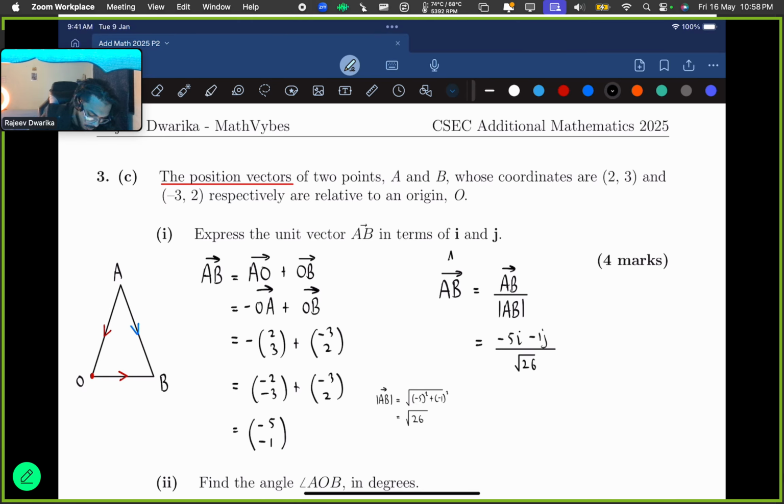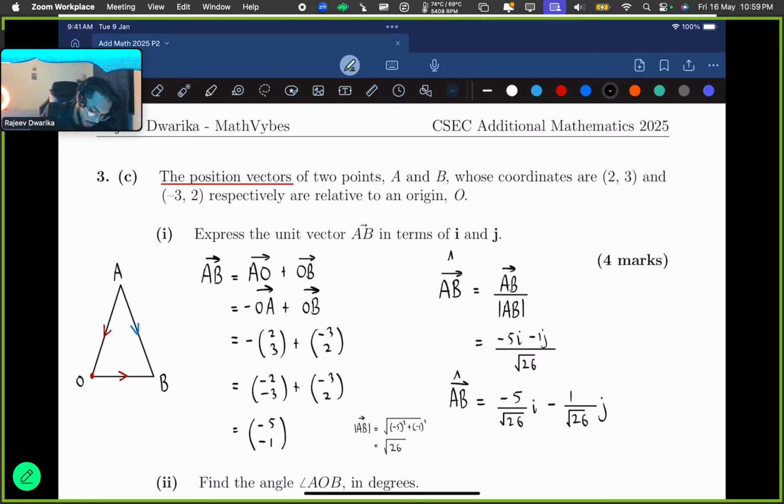And of course I'll show you how to verify if your answer is correct. So you have minus 5 over root 26 i, minus 1 all over root 26 j. If you want to check if your unit vector is correct, just remember the magnitude of it is supposed to be 1.